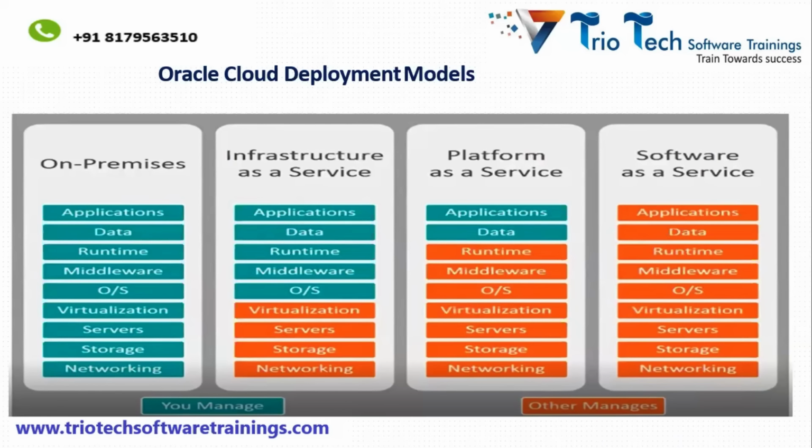That is how the licensing is taken care of. There is a bill of material which they give, and based on that the subscription is provided. That varies from software to software, and Oracle also has its own way of doing it.